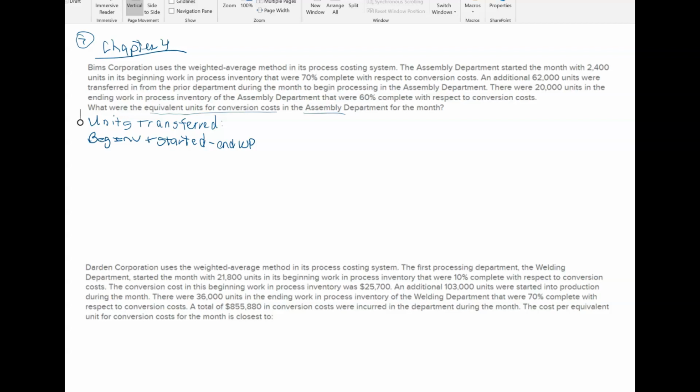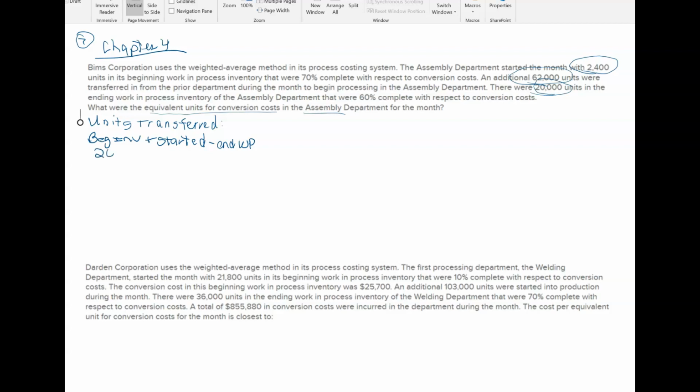Beginning inventory is 2,400 units. They started the month off with 2,400 units. And in addition, there were 62,000 transferred in from the previous department. So that was what was started that month. And the ending work in process, ending inventory was 20,000.